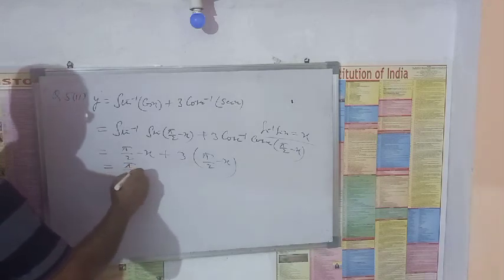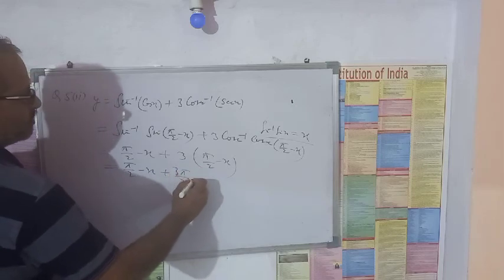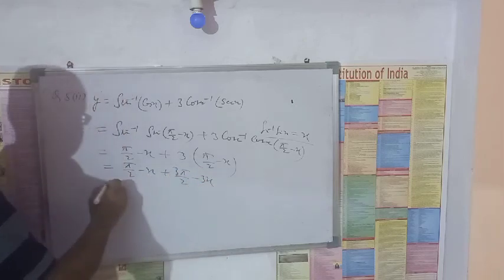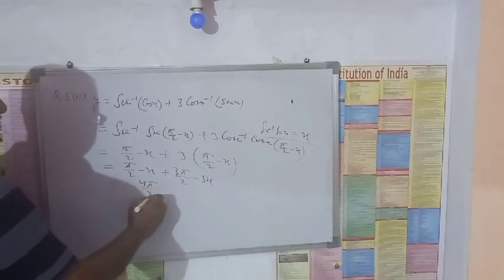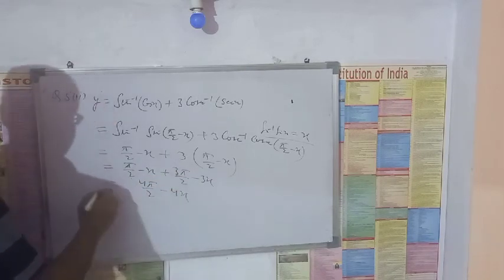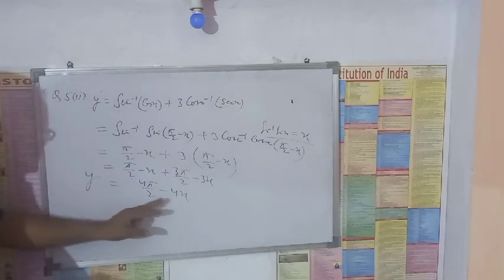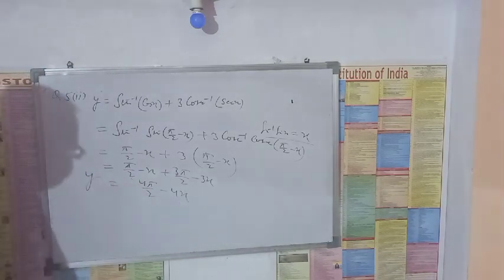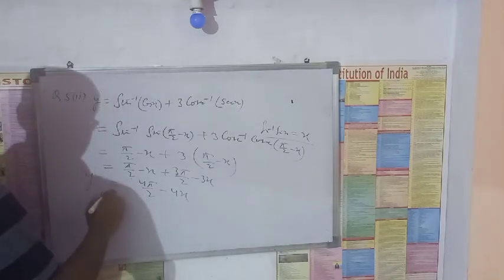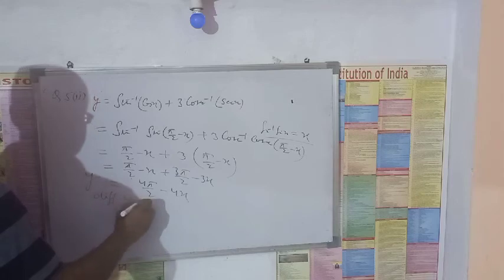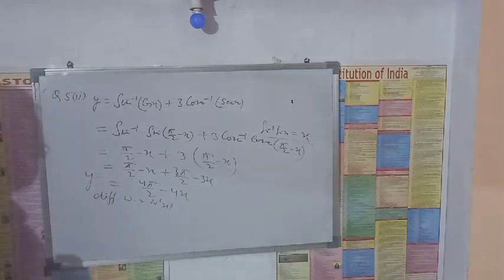So pi by 2 minus x, open this bracket: 3 pi by 2 minus 3x. Pi by 2 plus 3 pi by 2 is 4 pi by 2, minus 4x. 4 pi by 2 we can cancel, it will come 2 pi minus 4x. Differentiating with respect to x, now differentiate it.